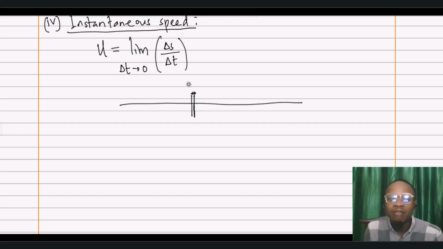No matter the direction of motion, because it's a very short interval of time, the distance will be so short that it is just the same as the magnitude of the displacement within that extremely short interval, like a flash.